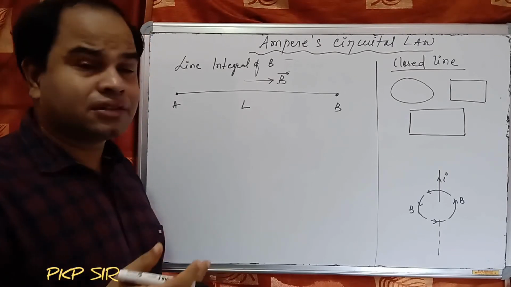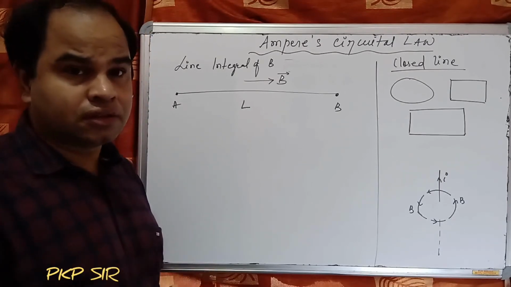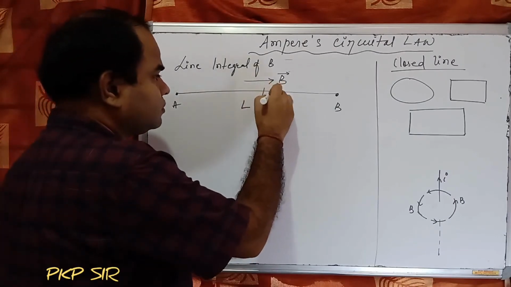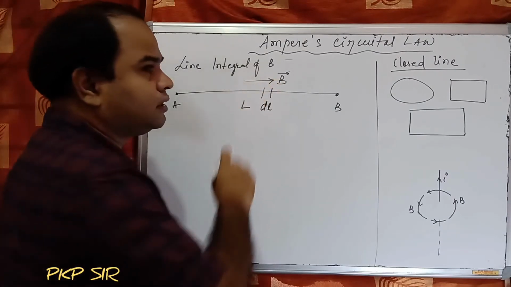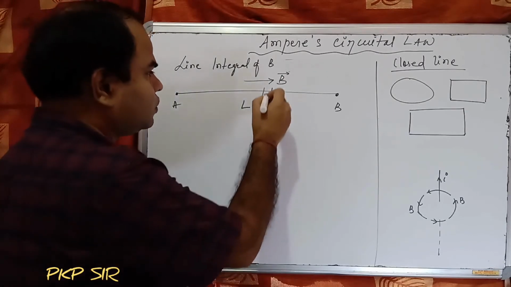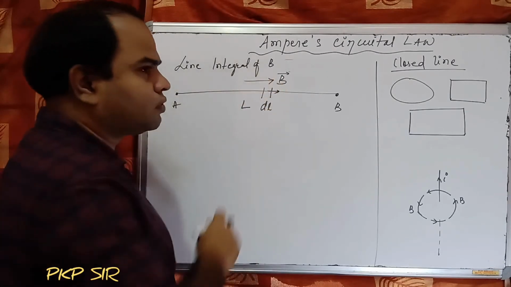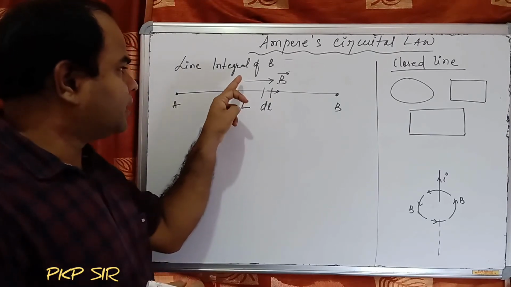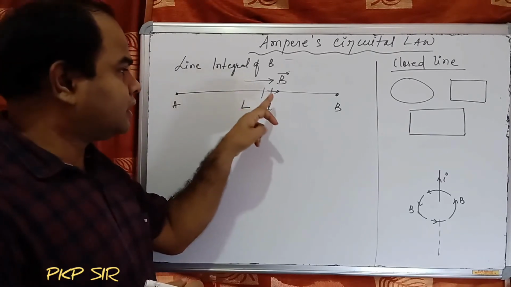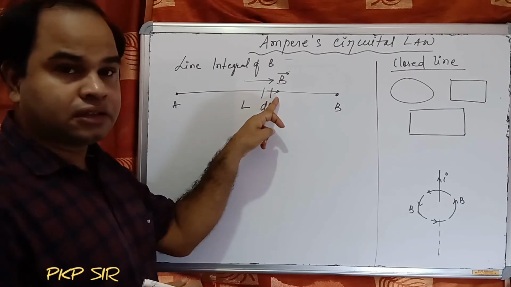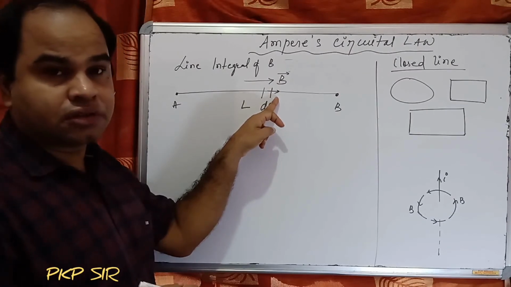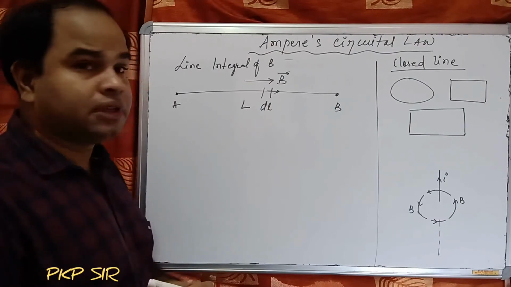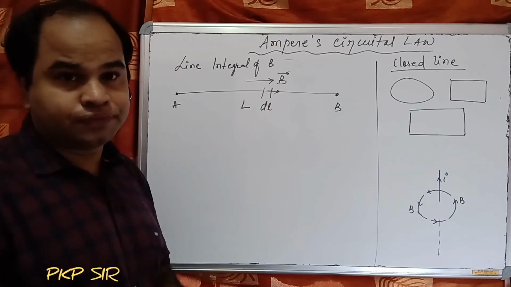Let us consider a small length of this line, say dl. The dl direction is forward. That means the magnetic field direction and the dl direction are the same, so the angle between B and dl is 0.